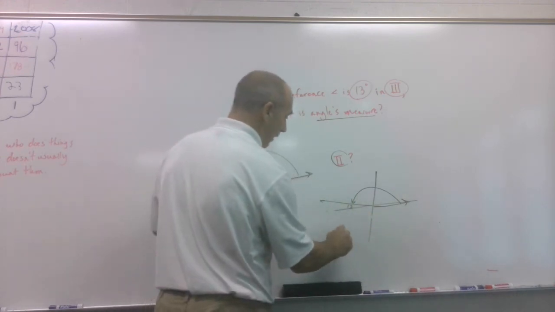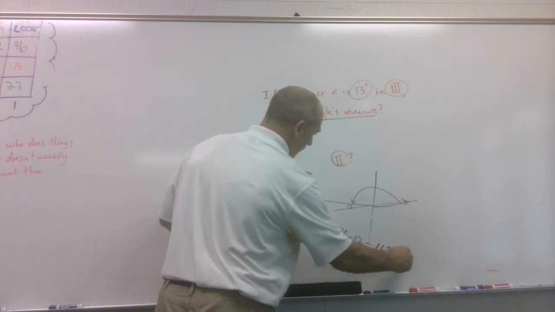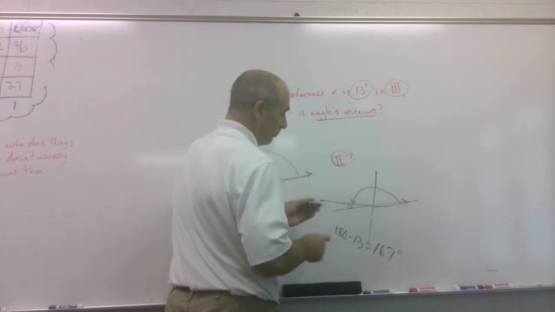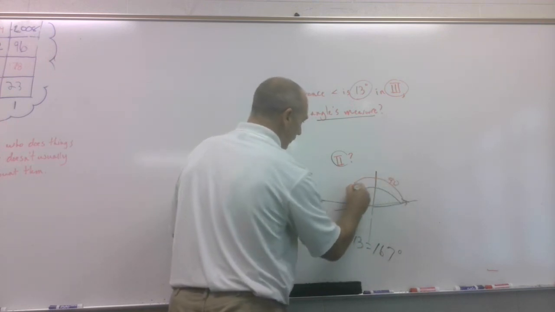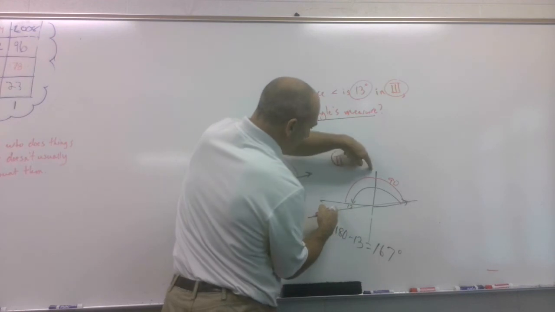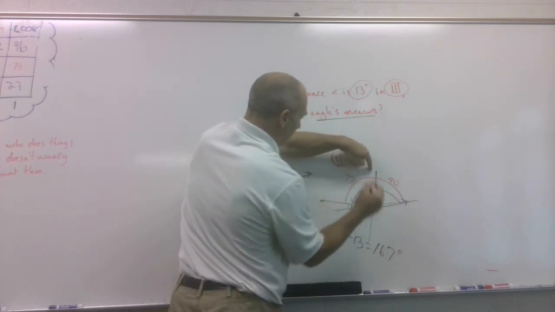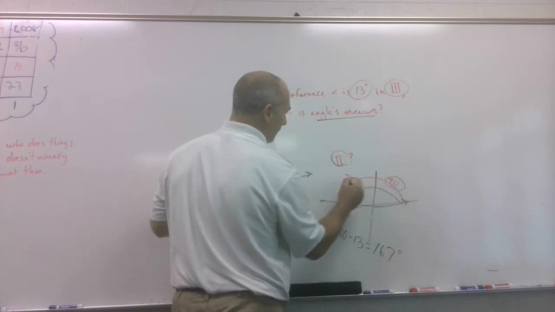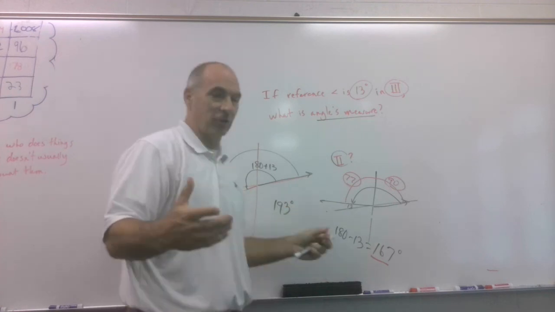I could say 180 minus 13, which is 167. Or, if you're a piece-by-piece person, from here to here is 90, and from here to here would be 90 minus 13, which would be 77. And then I'd add 90 plus 77, I'd still get 167. So, different ways to do it.